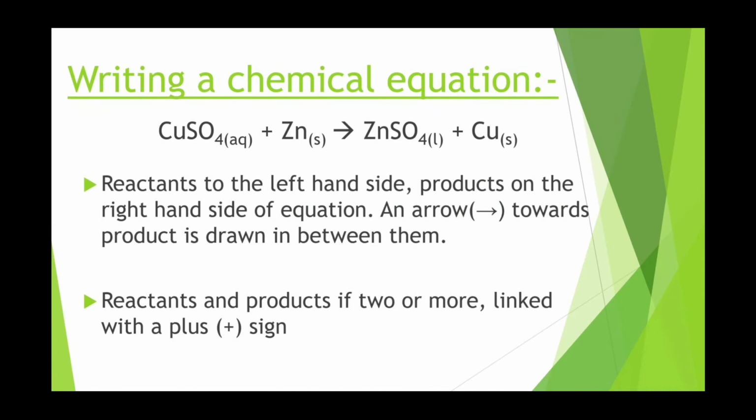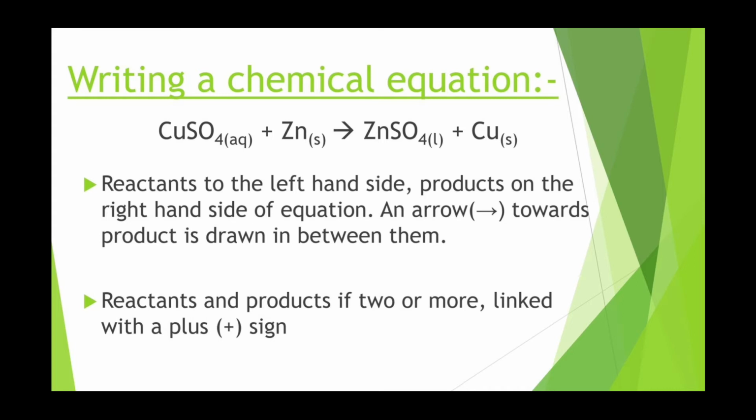To study this, again we have taken the same equation, that is copper sulfate plus zinc gives zinc sulfate plus copper. Here in the chemical reaction, copper sulfate and zinc are the two substances which are directly participating, and hence are said to be reactants.